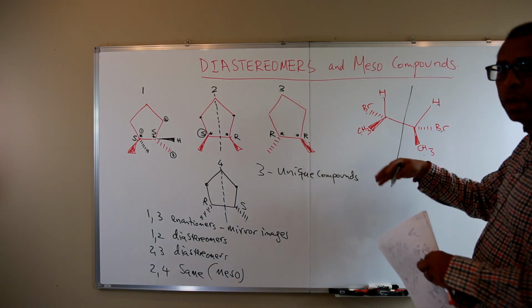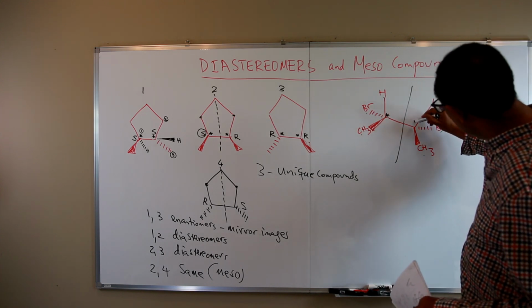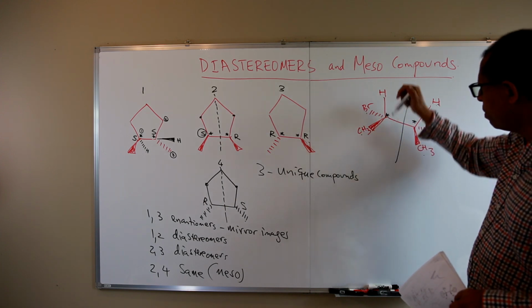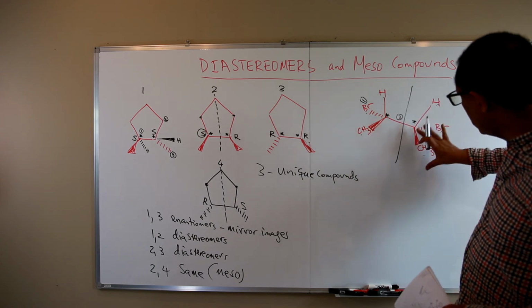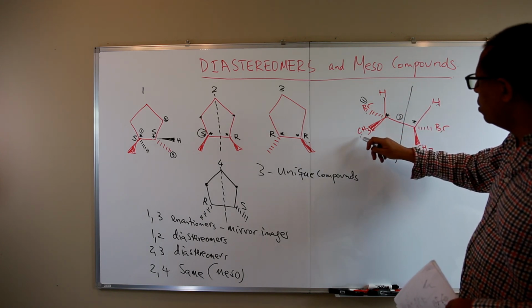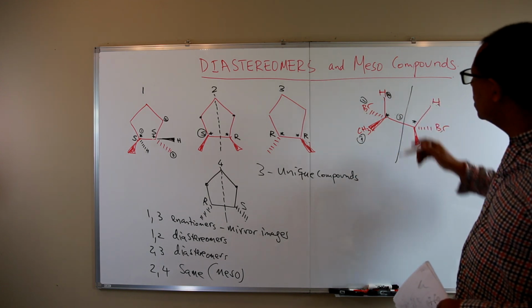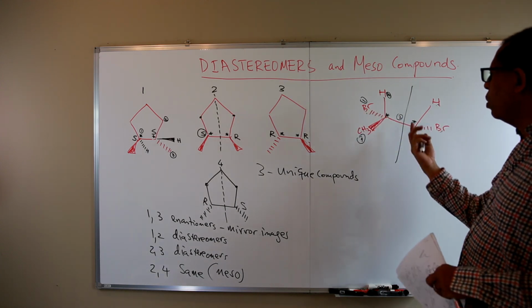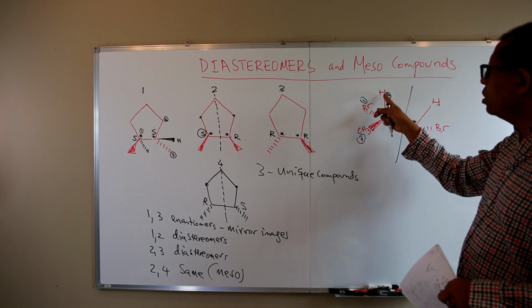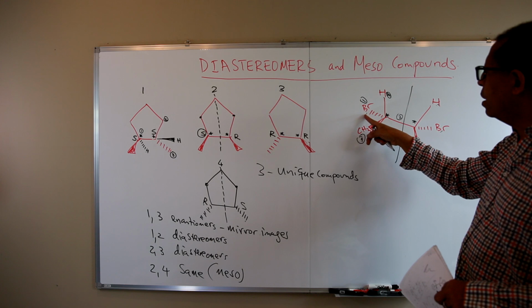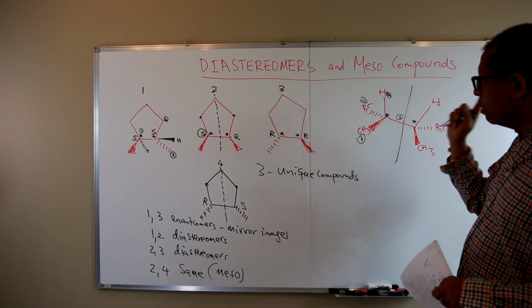Let's do the R and S assignment for each carbon, because each carbon has 4 different groups on it. For example, the priority is 1 here, the priority would be 2 here, this group as a whole, and priority 3 here, and 4 is this. Like I showed you the trick to take the least priority to the back, you would switch bromine with hydrogen. That's the fastest trick to see. But remember that you have made a switch.